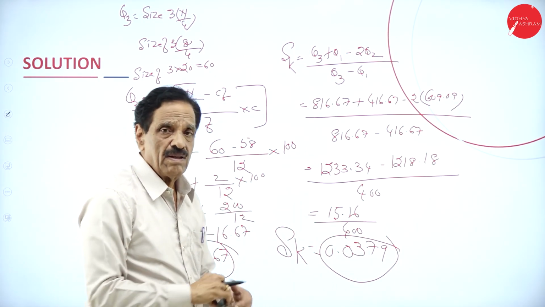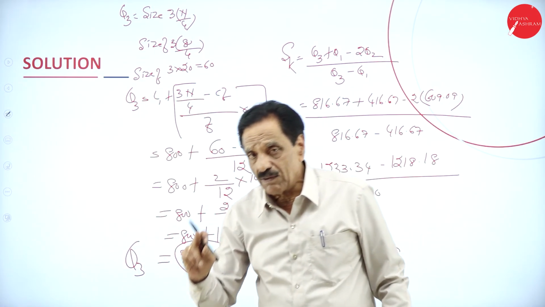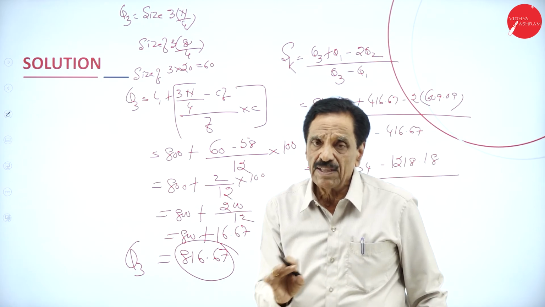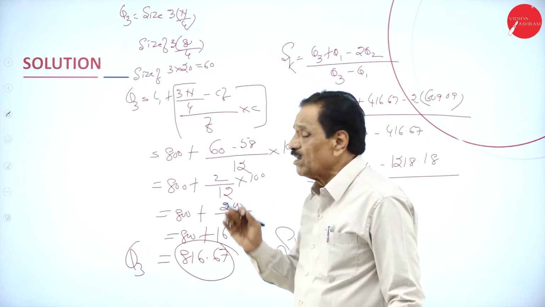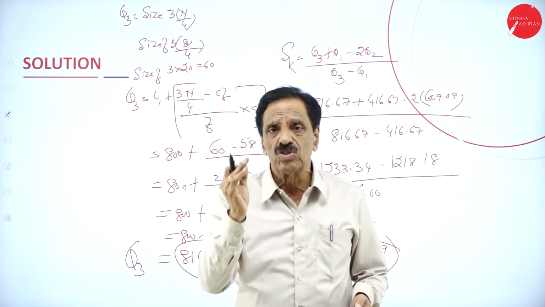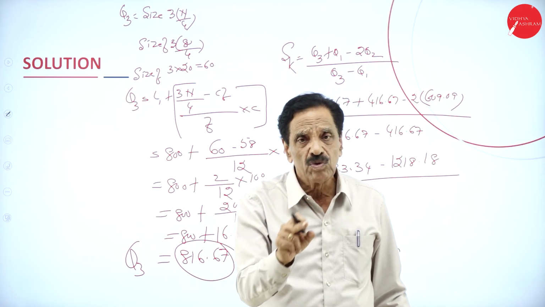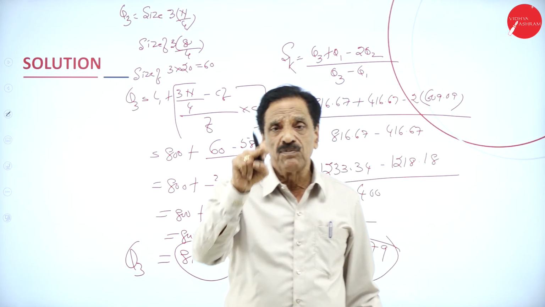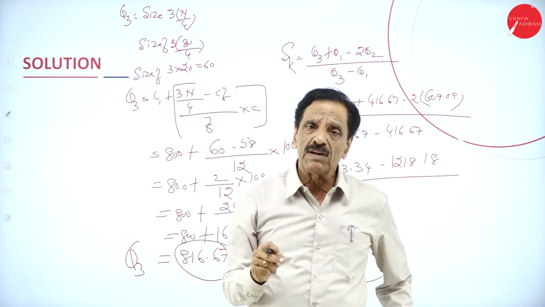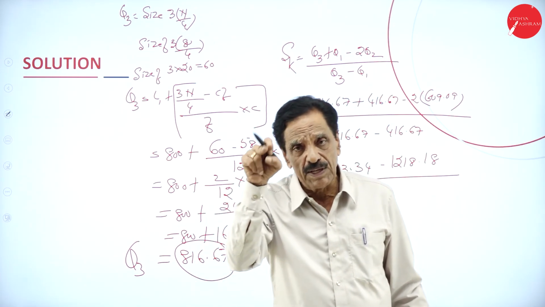So, we have done 3 problems now. One I have shown you. We are doing the Bowley's skewness. What are the things to find out? Find out Q1, Q2, Q3, starting with the size of n by 4. Apply the formula: Q1 is equal to L1 plus n by 4 minus Cf over F into C. Then apply Q2, the size of n by 2.